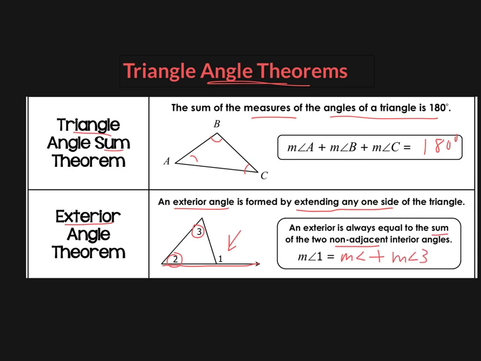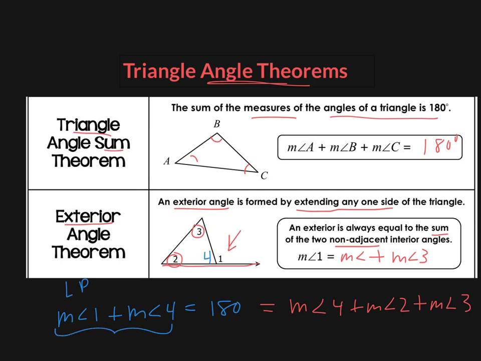I also know that if I tossed in just another random angle, call this angle 4. Let's take a look at some interesting things that we already know. Across the bottom of the screen here, we have a couple of items to pay attention to. First, the measure of angle 1 and 4, by the linear pair postulate, add up to be 180 degrees.